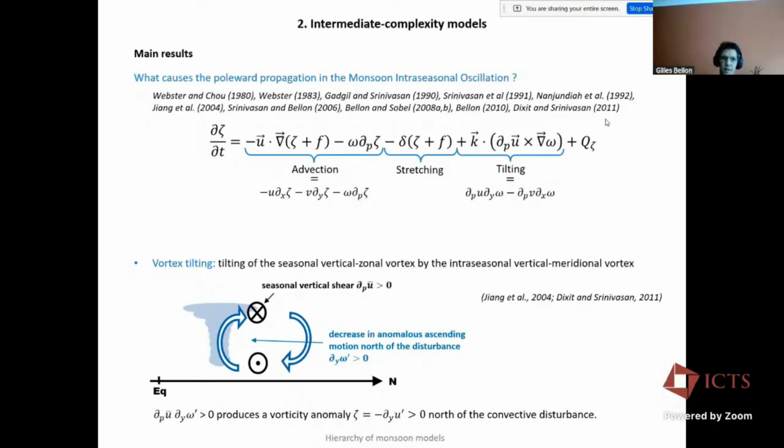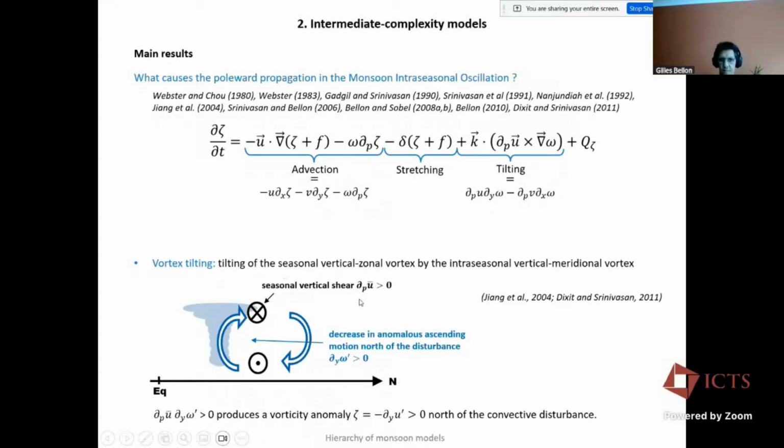And so the first mechanism that was proposed was the vortex tilting mechanism. And so you can imagine that essentially the tilting mechanism is taking an existing vorticity in one direction, and another circulation is flipping, tilting this vortex.